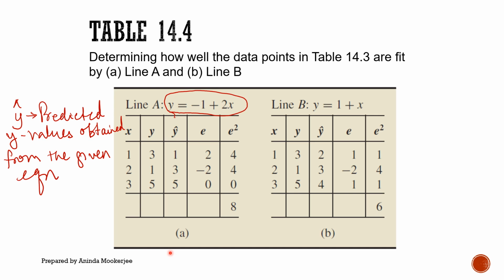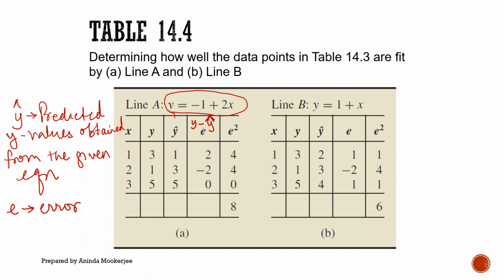In the fourth column, we have something called E. E represents error. And what is error? Error is the difference between the actual Y value and the predicted Y value. So E basically represents Y minus Y hat. Sorry, Y hat, not Y bar. Y bar is completely different.